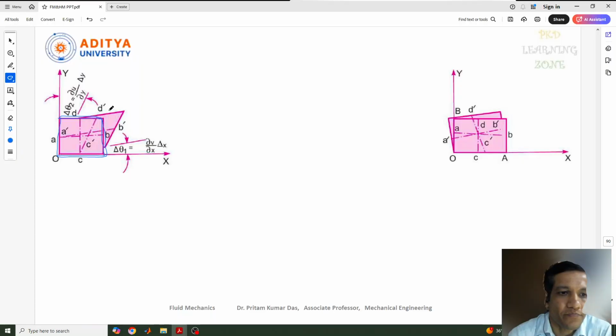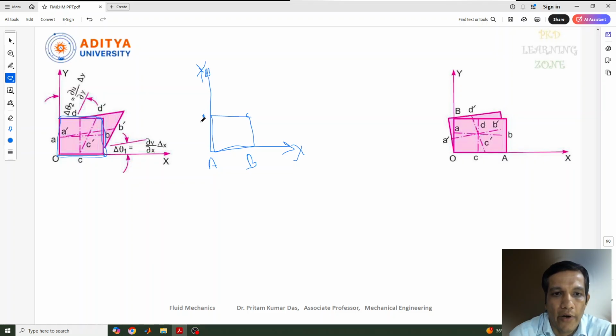Now here also, I can give you another diagram for this. So let's draw one more diagram here. This is the x-axis and this is the y-axis. Again, similarly, let's consider a fluid element here. So this is the fluid element, and here also you can mark AB and CD.